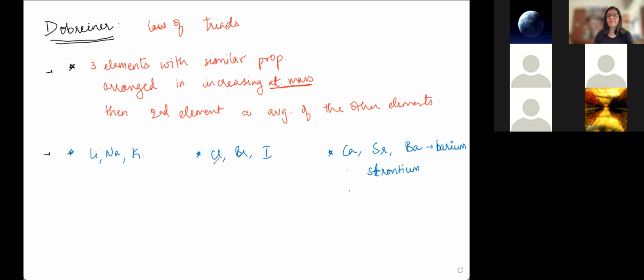So for example, if I know that chlorine ka atomic mass is approximately 35.5 and iodine was found out to be approximately 127. So what is the atomic mass of bromine? Can you find out? Add them up and divide by 2. Yes, find the average of the other two.